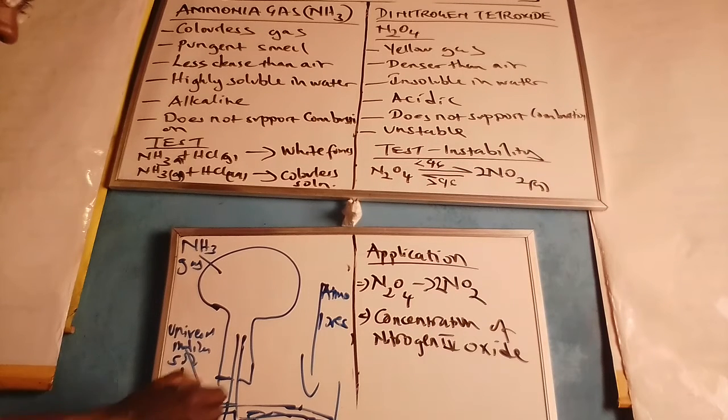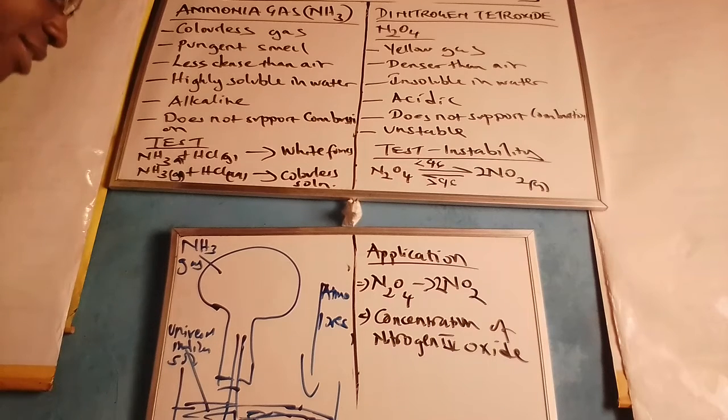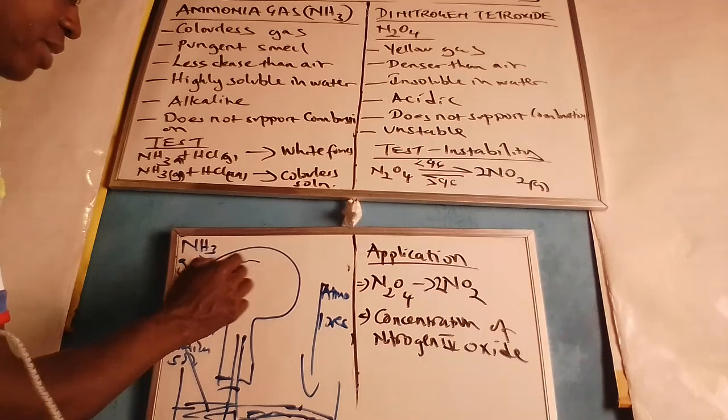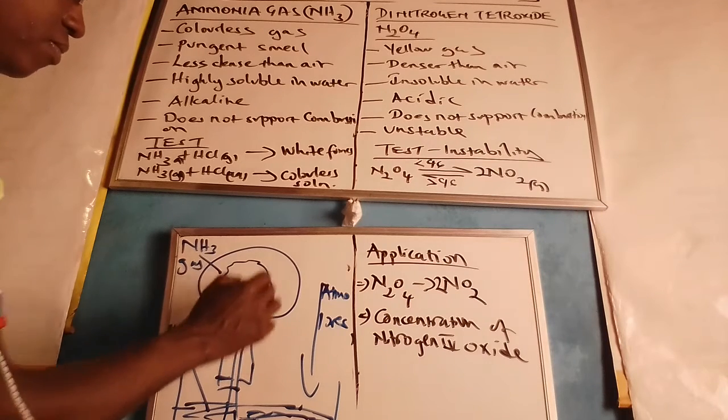As the cork is opened, the universal indicator solution will jet into the flask, thereby emitting ammonia, and since ammonia is readily soluble, it dissolves it, and when it dissolves, it forms a partial vacuum.